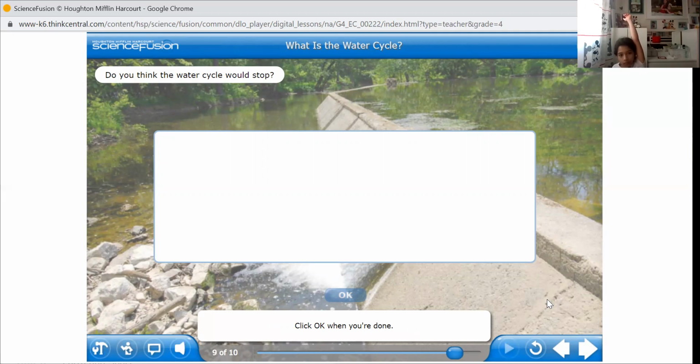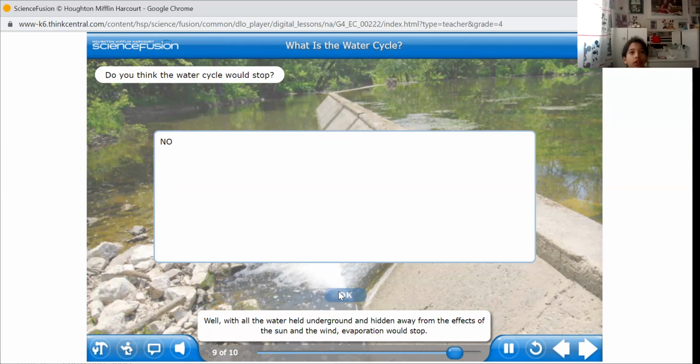Yes, Leanne. Is the water cycle gonna stop? Kind of. Really? Does it ever stop? No. Well, with all the water held underground and hidden away from the effects of the sun and the wind, evaporation would stop.